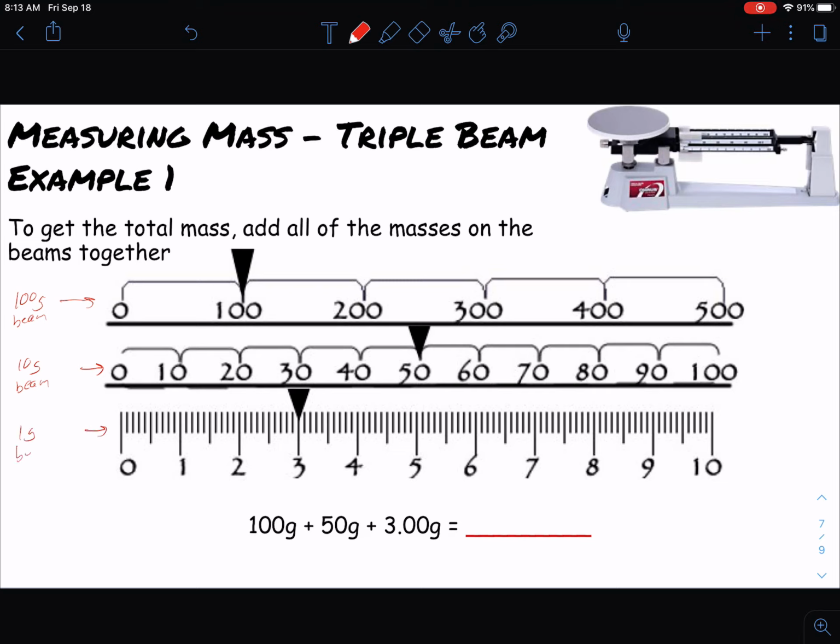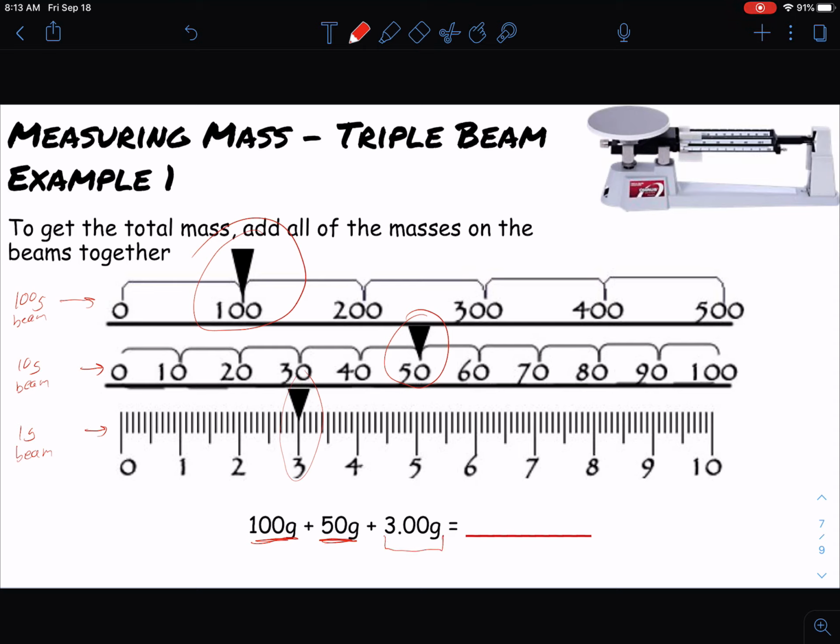Here's your 1 gram beam. And whenever you want to get the total mass, you want to add them all up. So this first one here is 100. The second one is 50. And then down here we have what looks to be right on the 3. So you would have 100 grams plus 50.